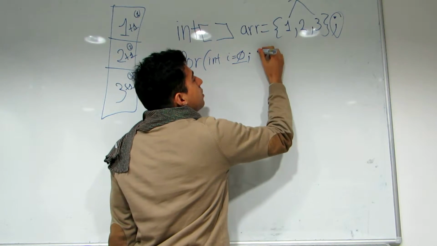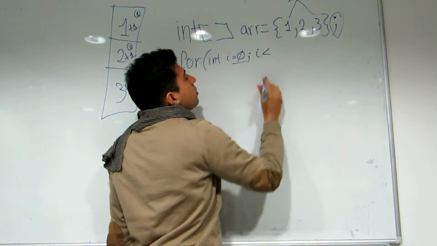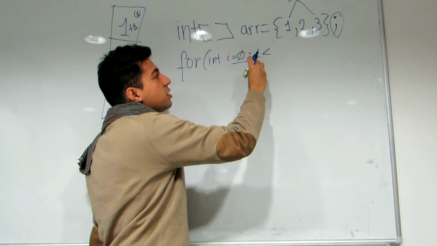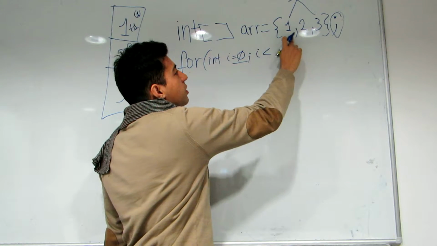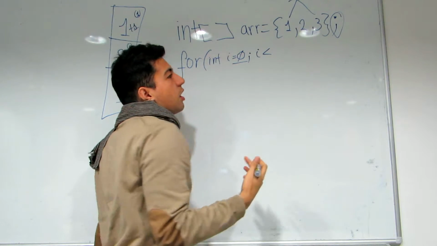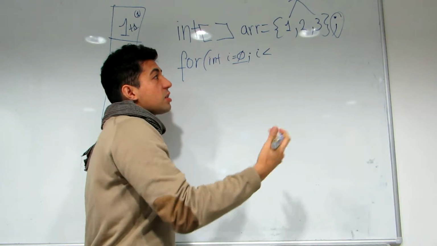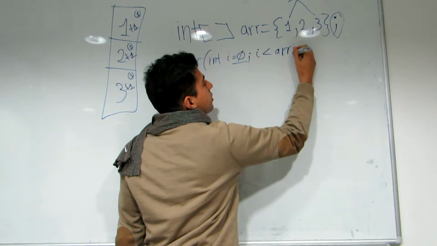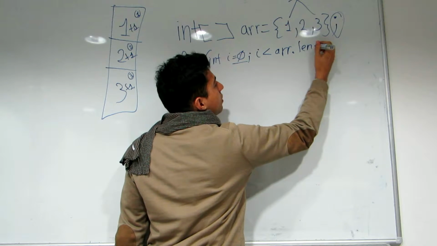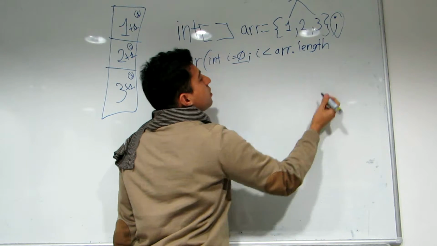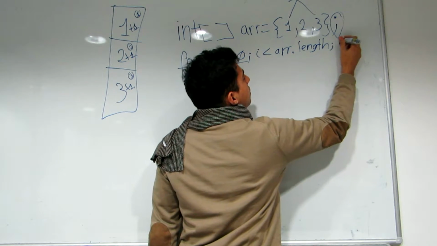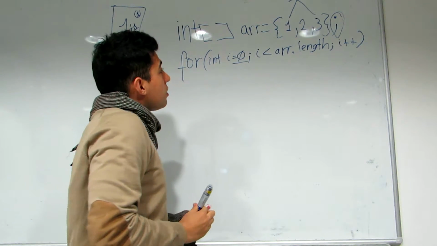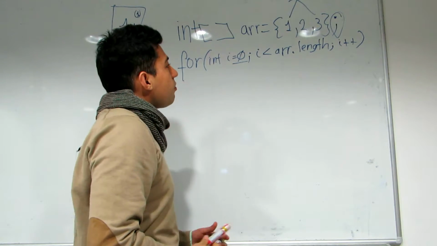Now you're going to do this until this array has the right size. So I'm gonna put array.length, and you iterate over this array.